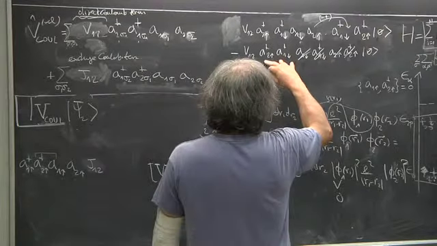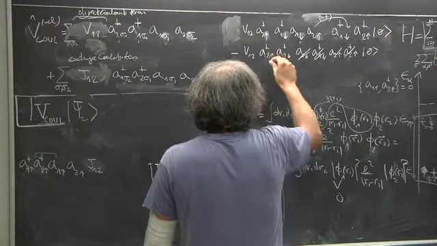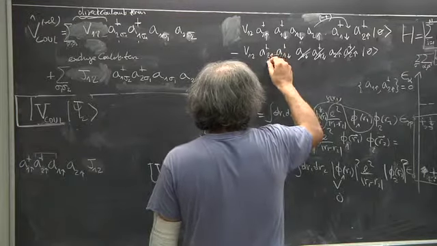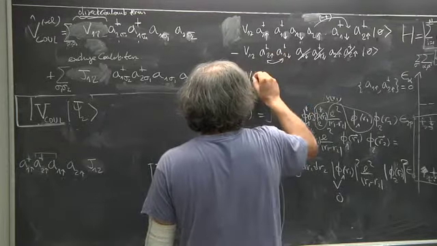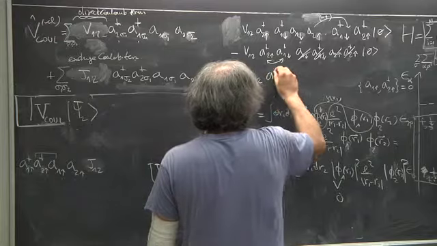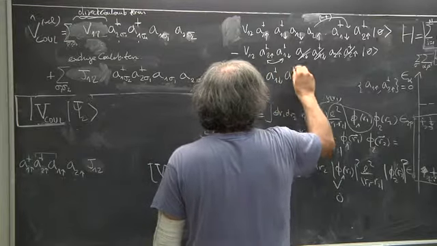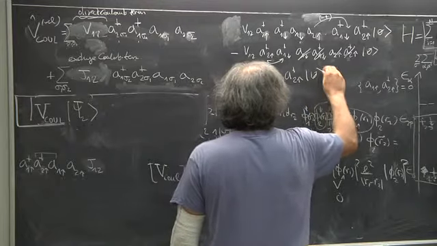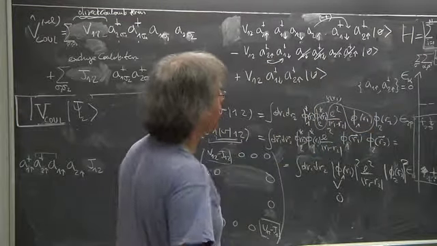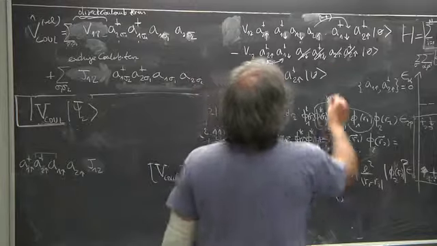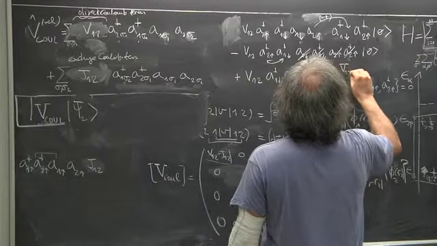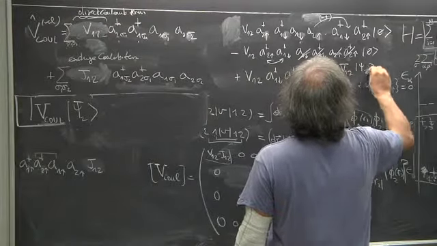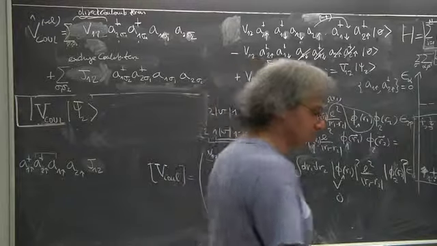So I have to pay another minus sign in order to exchange these two, okay? And I write it plus V12 A dagger 1 down, A dagger 2 up, vacuum. In this form, it's perfectly psi 2, okay? So this is equal to V12 psi 2, okay? Good. This is the first piece.